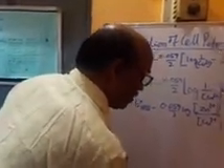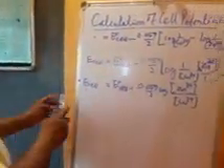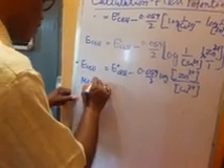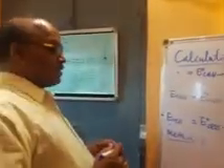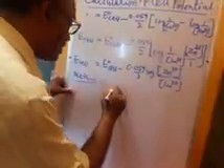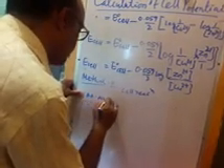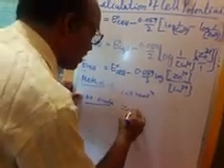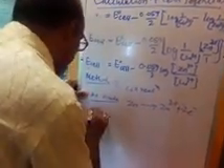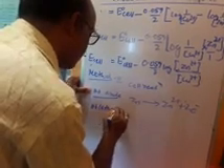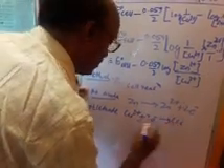The same can be calculated in a simple way, by method 2. In the second method, first of all you write down the cell reaction. At the anode, the reaction is Zn gives Zn2+ plus 2 electrons. At the cathode, Cu2+ plus 2 electrons gives Cu solid.